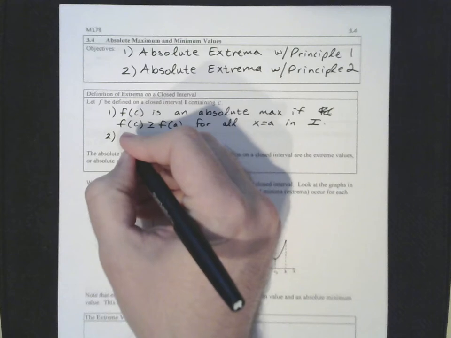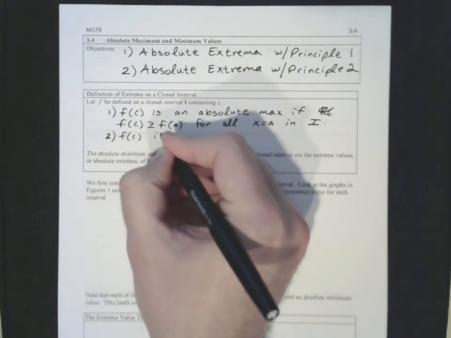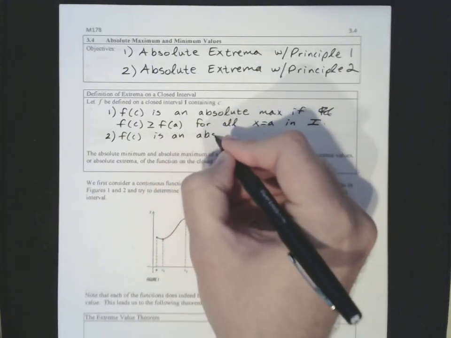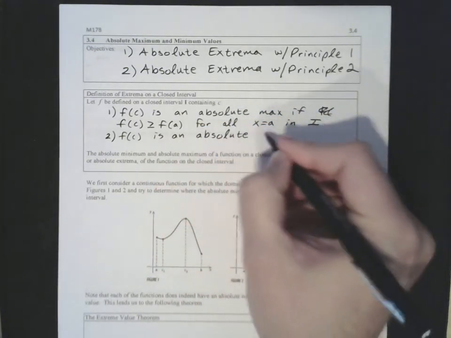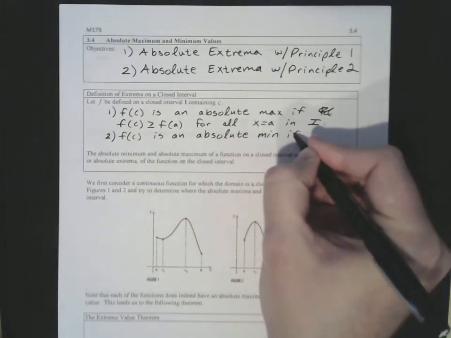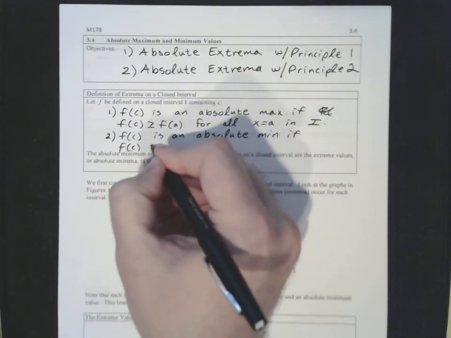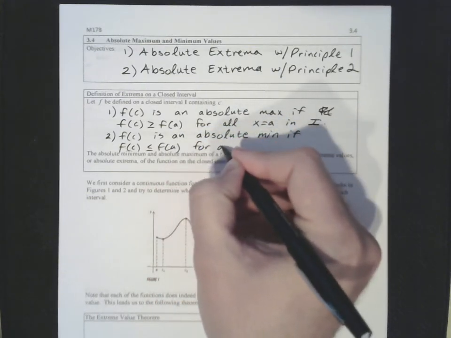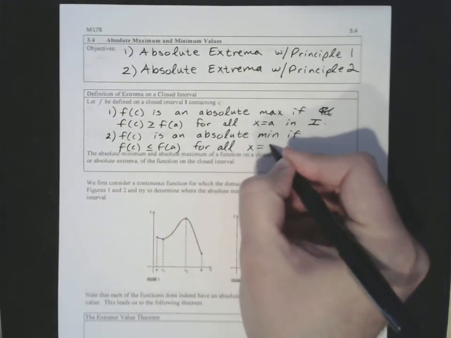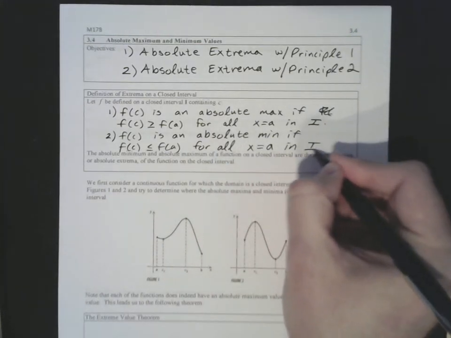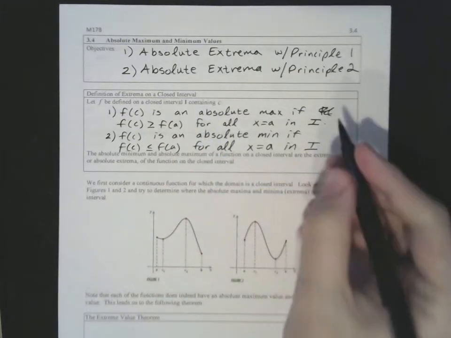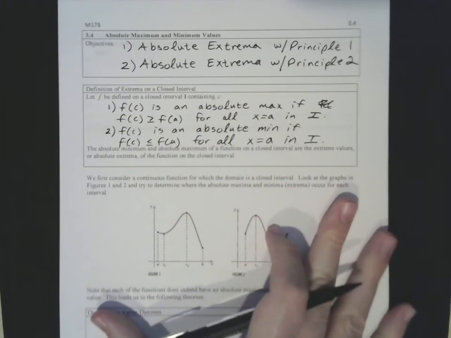And then similarly, f of c is an absolute minimum if f of c is less than or equal to f of a for all a in our interval I. Again, no difference from our definition for local minimum, except our interval I is closed, just like for the absolute max above.